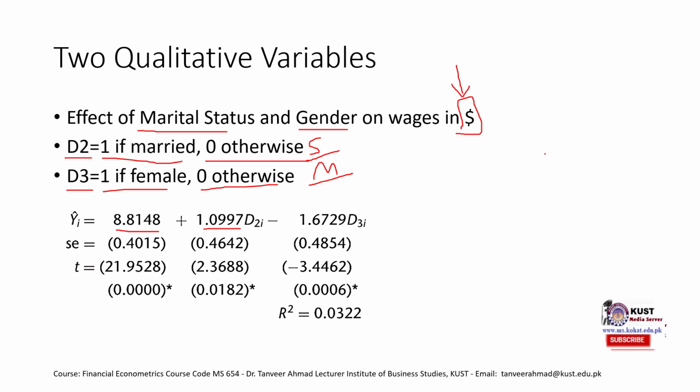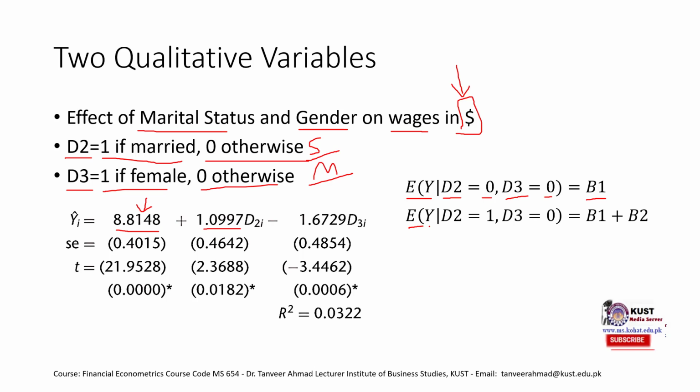So if I put it this way, what is the expected value of Y? Y is our wage variable. Given that D2 is 0, that means the person is not married, single, and D3 is 0, that is the person is not female, he is a male, his expected wage would be B1. This is what we have already discussed.